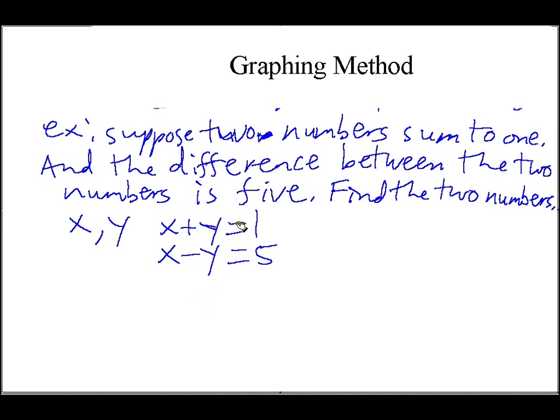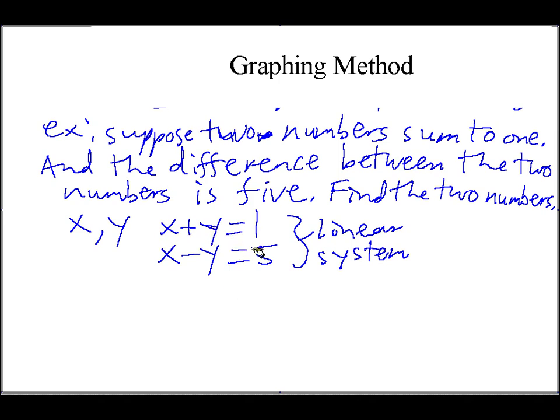So again, the sum of these two numbers is 1 and the difference of these two numbers is 5. Now, some of you already know how to solve these types of linear systems. These two equations lumped together are called a linear system, in particular a linear system of two equations and two variables, x and y.